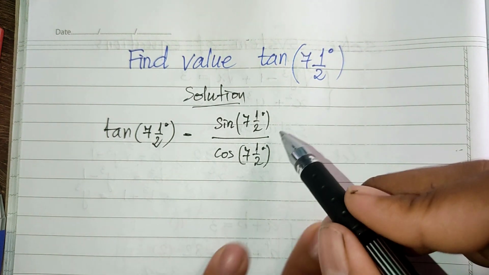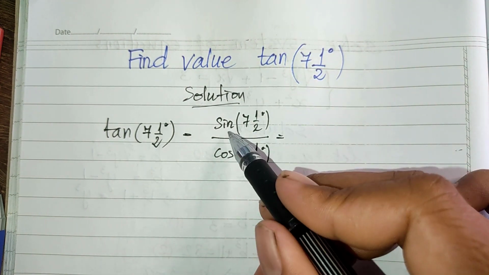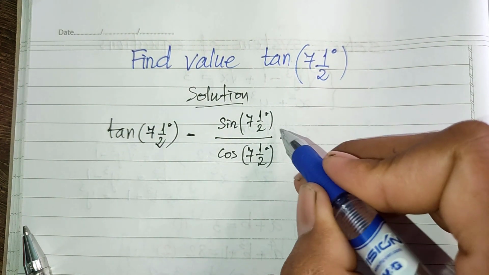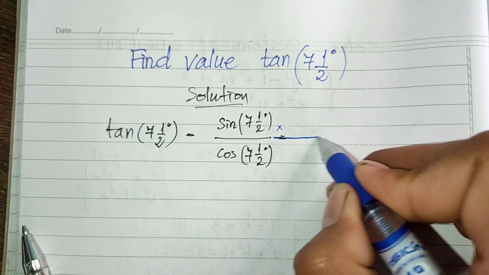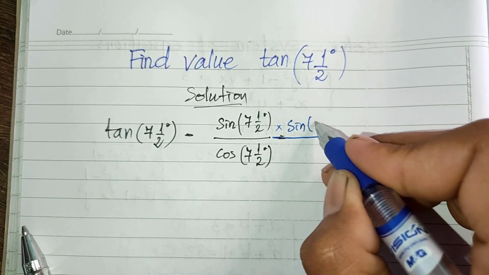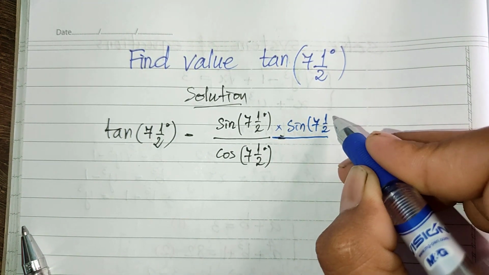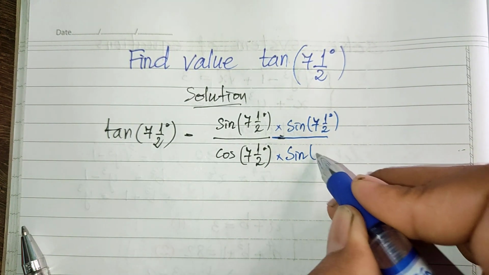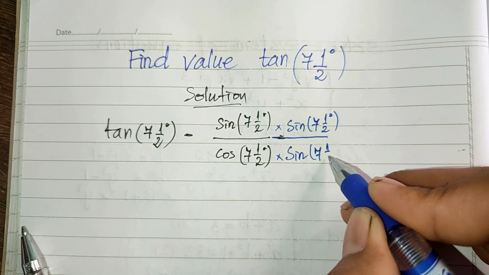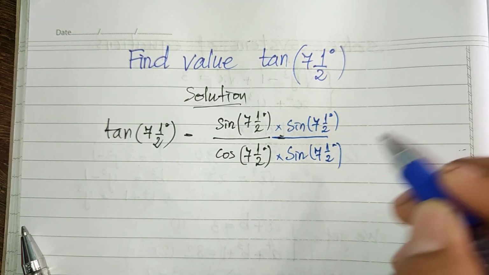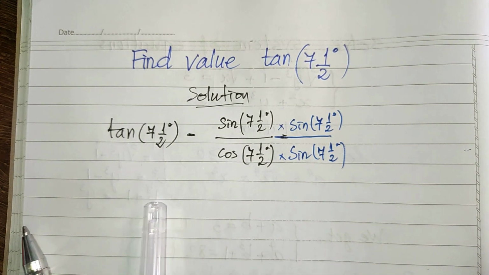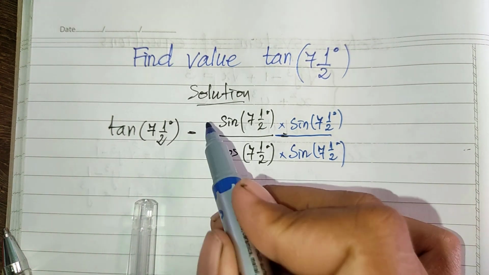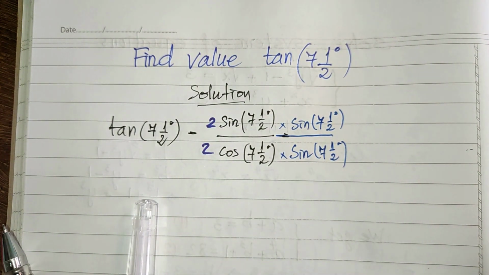And now I multiply this with sine of 7 1/2 degrees, and the denominator also multiply by sine of 7 1/2 degrees, and we can also multiply with 2 and 2.